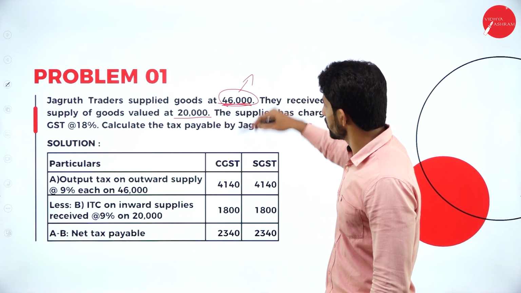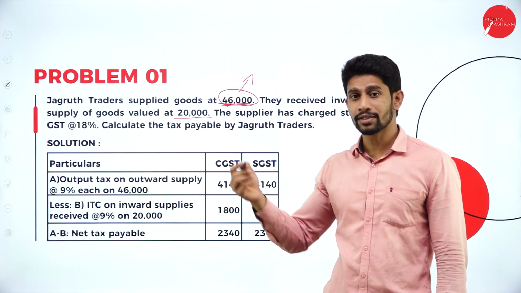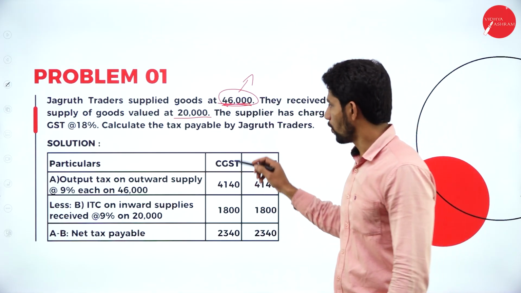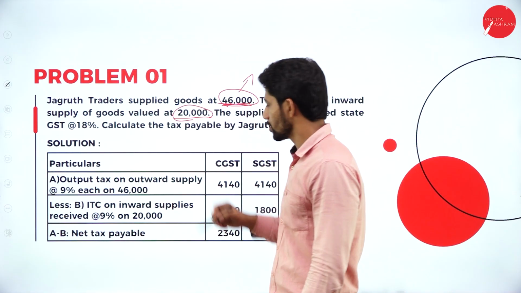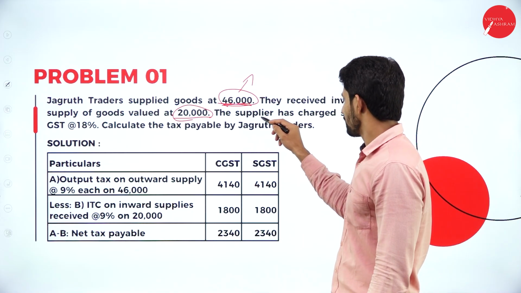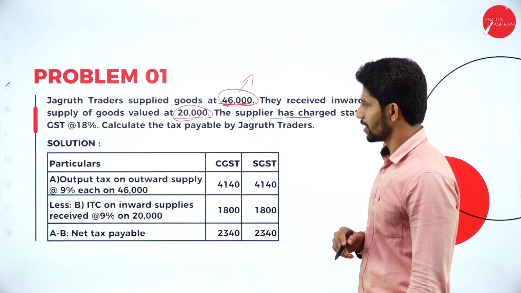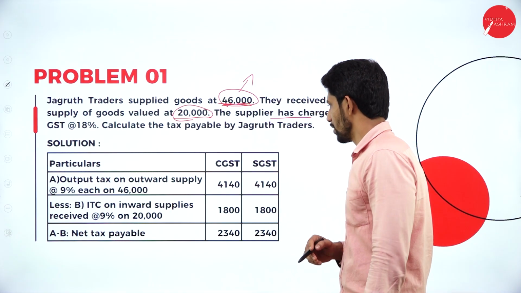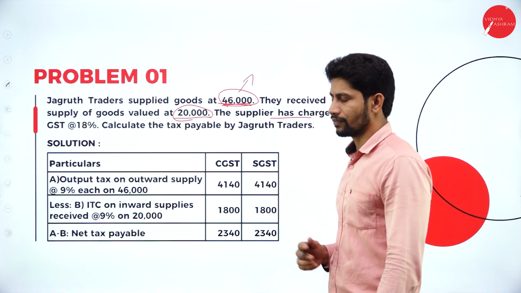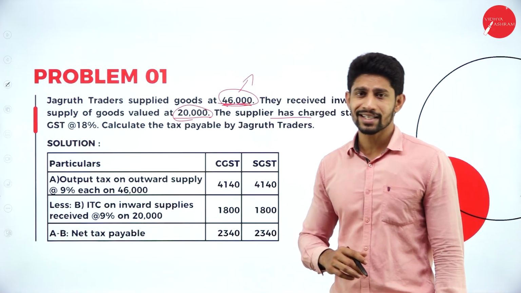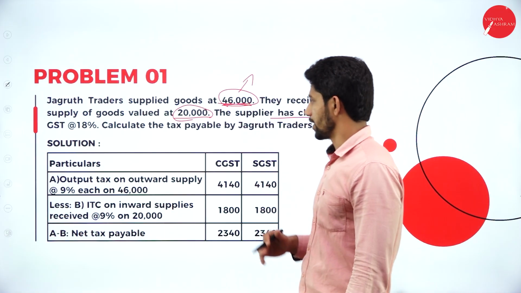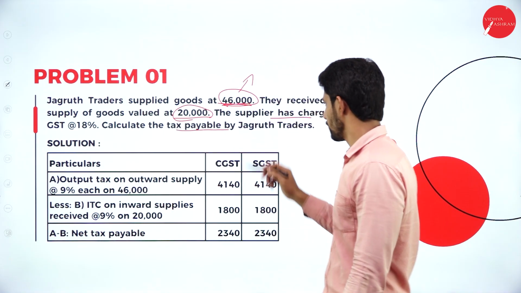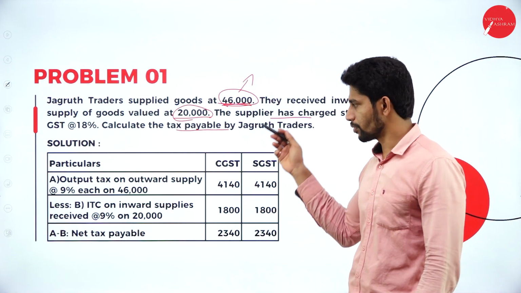So they sold the goods for 46,000, but at the time of purchasing, at what rate did they purchase? At 20,000. So the supplier has charged state GST at 18%. Calculate the tax payable by Jagrut traders. That's it. So here, what is the tax charged by Jagrut traders and what is the tax payable by the same trader that you are supposed to find out.